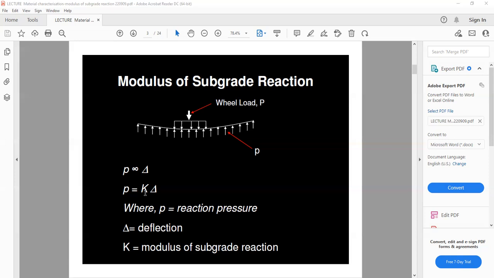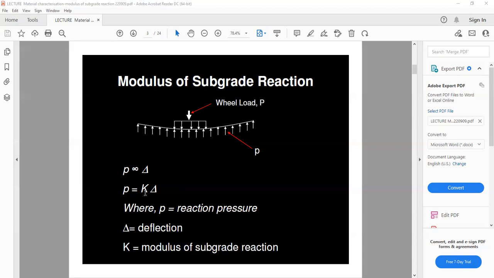Right? This is it. Now, another way of getting the unit is simply pound per cubic inch or kilonewton per millimeter cube or kilonewton per meter cube. Now the point is this will be the same unit as density, and we are not interested in knowing the density of the soil. We want to know the reaction of the soil.